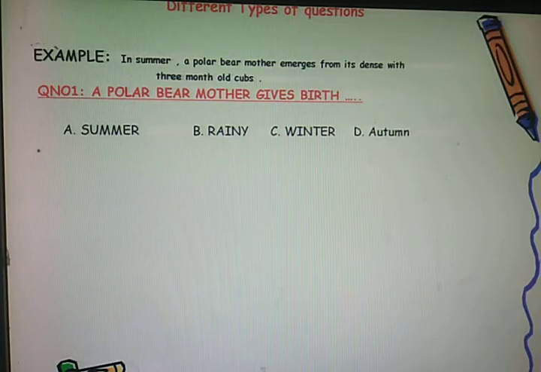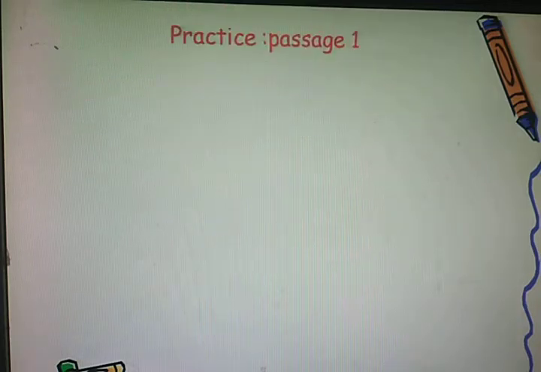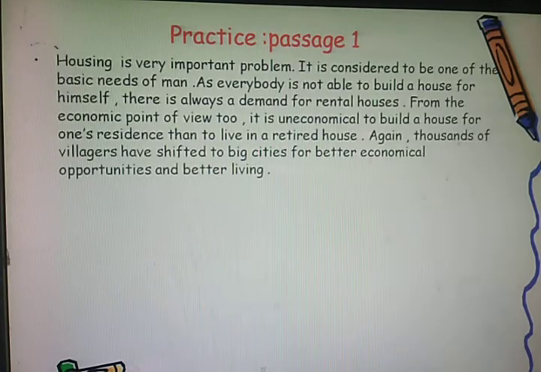Let's move to the reading comprehension passage practice. I'm giving you 3 minutes to read the passage, and then the questions will be shown to you. You have to write the answer. Your time starts now.